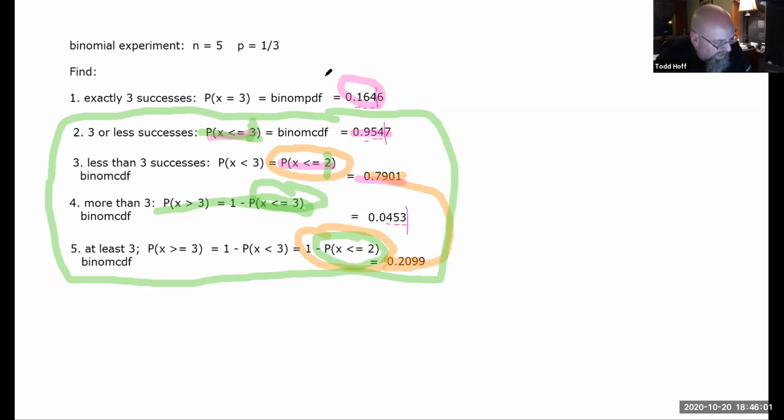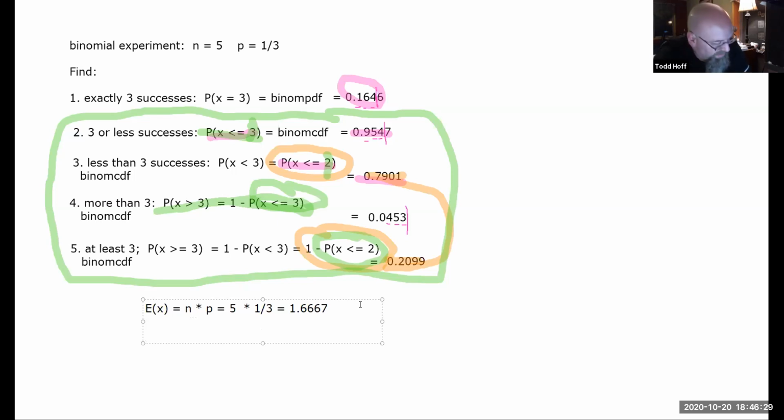With our binomial distribution, for the expected value, there's a shortcut. It's just n times p. So here n is 5, p is 1/3. That equals 1.6667. 1 2/3 basically is that result.